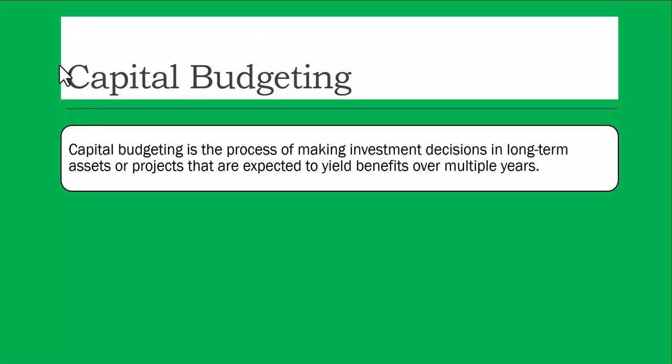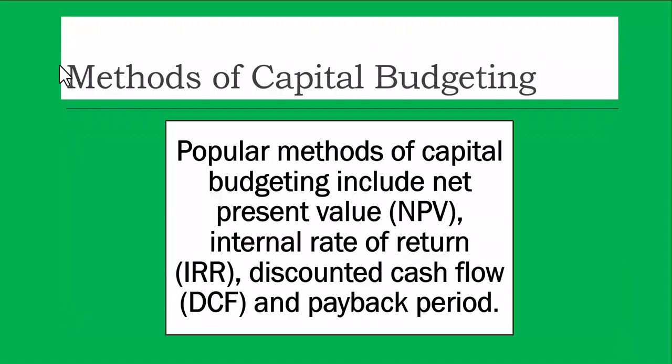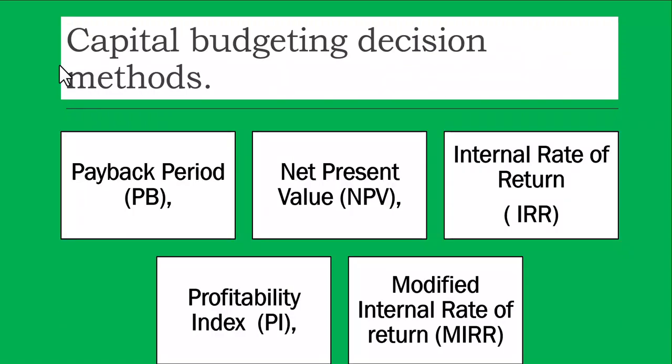I'll skip the initial slides and go to the mechanisms. These are the various methods which we used to appraise projects, to find out which projects are good, which are feasible, which should be implemented, and which should not be.